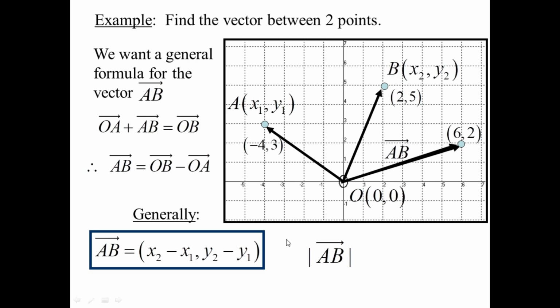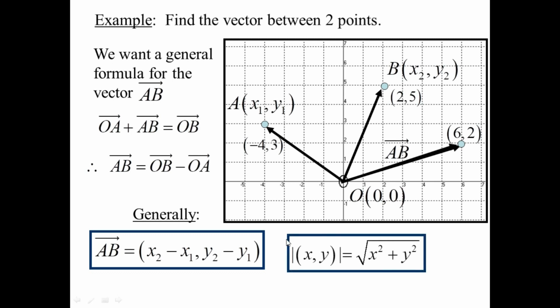Well, Mr. Pythagoras steps in and tells us, let this be xy. So therefore, along here would be x, and along here would be y. And so the magnitude, the length of it is the square root of x squared plus y squared, because of Mr. Pythagoras, never far from a math class.